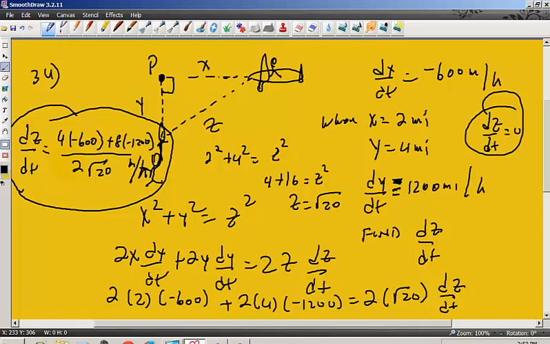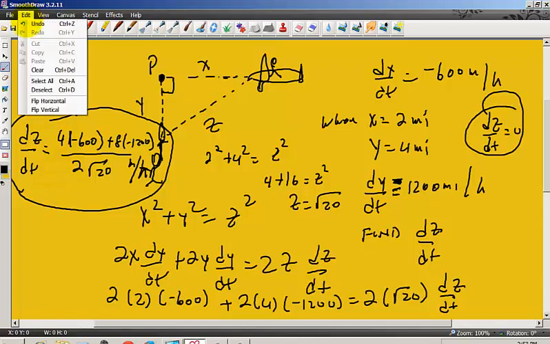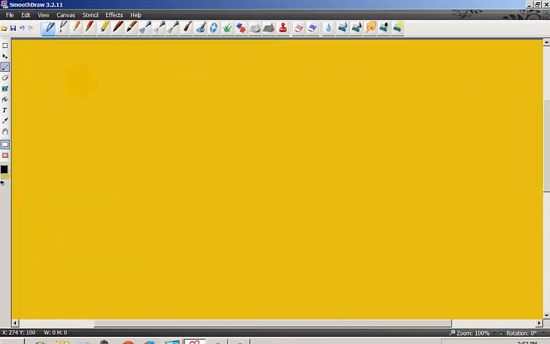Okay, do you have any questions on implicit differentiation? Just one? Alright, page 217, 11 through 27 odd.